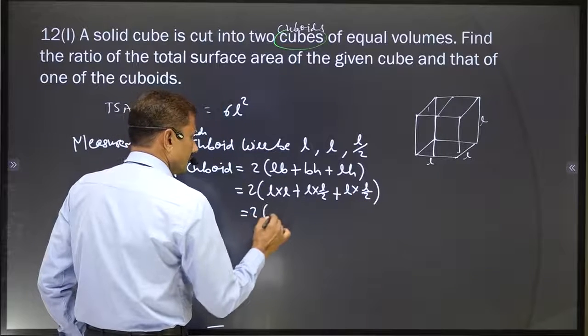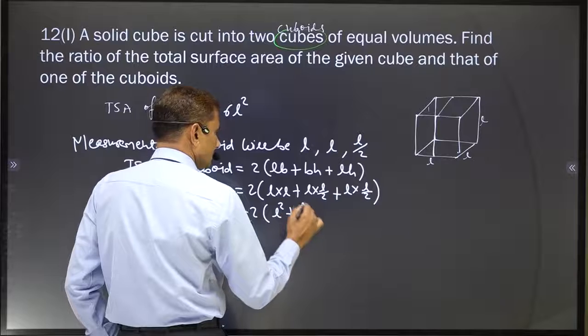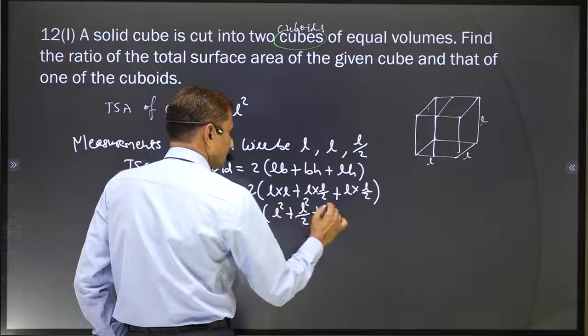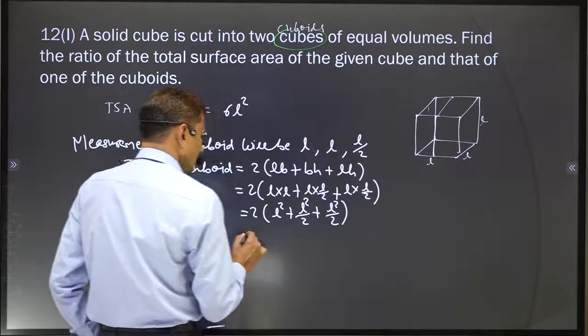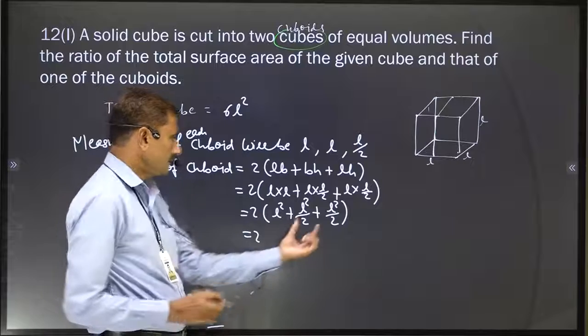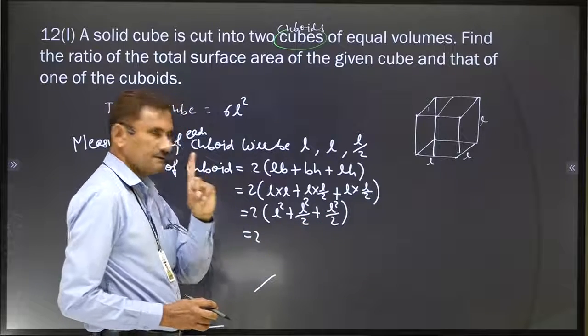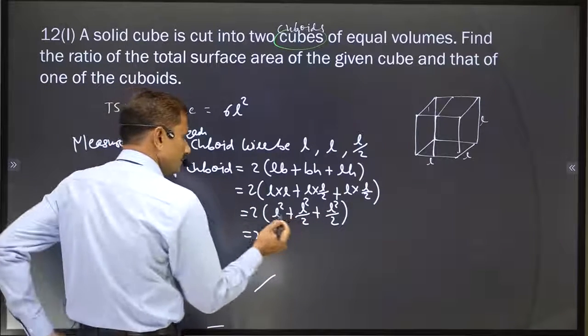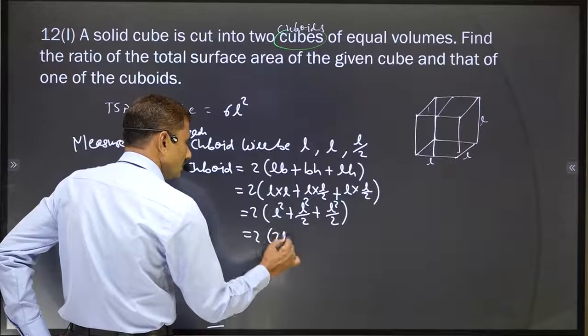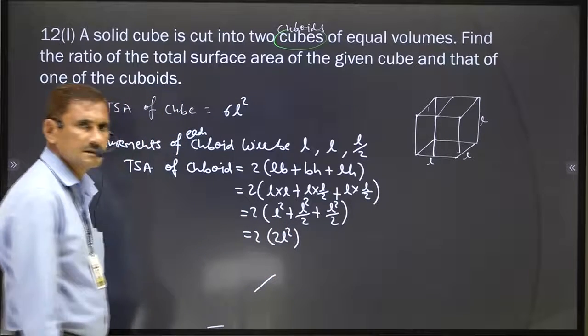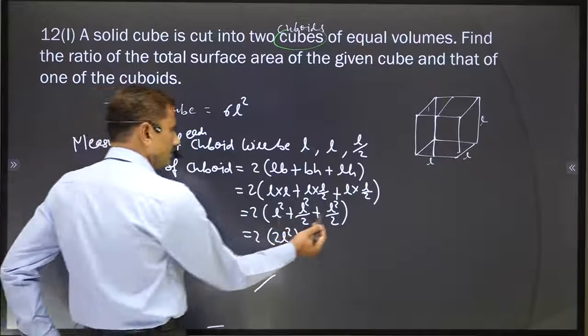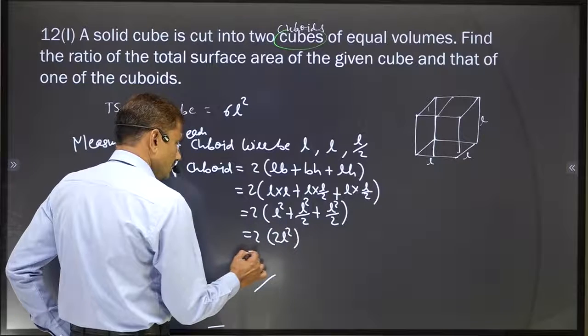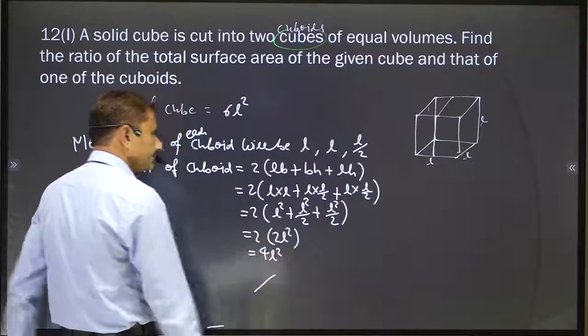So it will be L square plus L square by 2 plus L square by 2. L square by 2 means half, 2 times, so 1 plus 1, 2. It will be 2L square inside the bracket, and with the factor of 2, the total is 4L square.